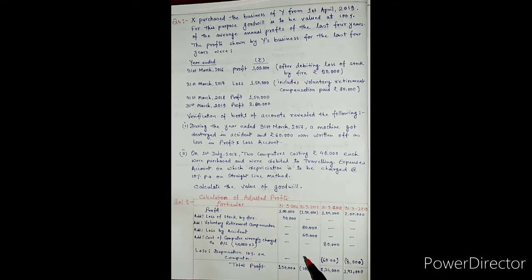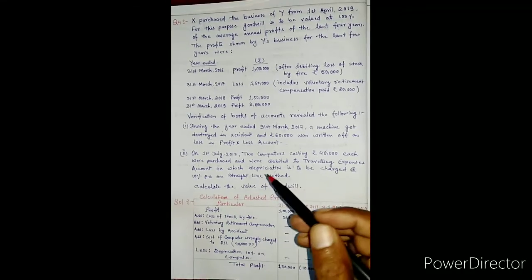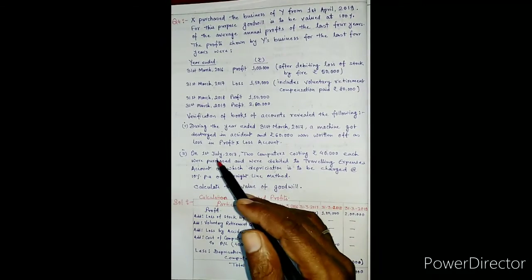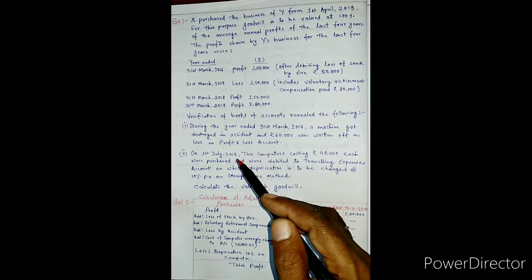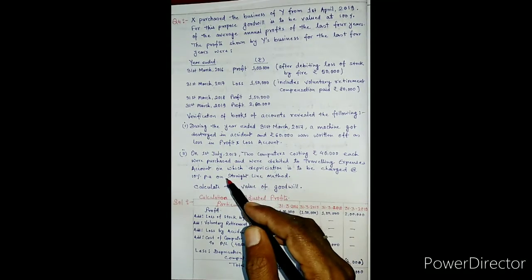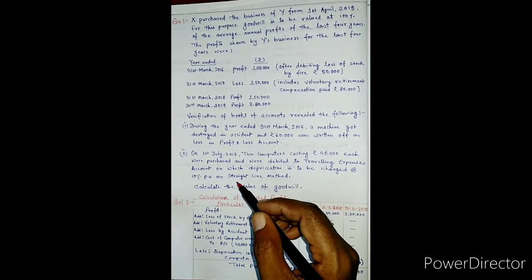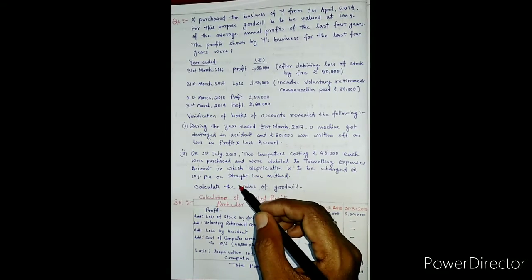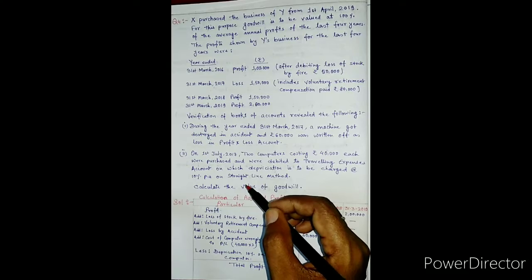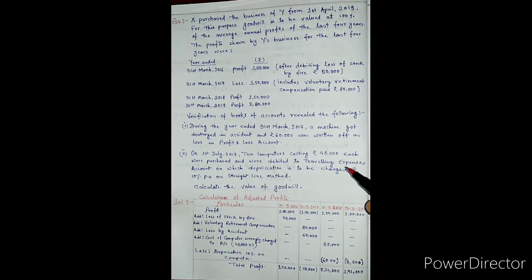So now we have to charge the depreciation from 1st July 2017. Now when we calculate, there is a depreciation in 2018 for 9 months. So 9 months depreciation is coming 6,000.